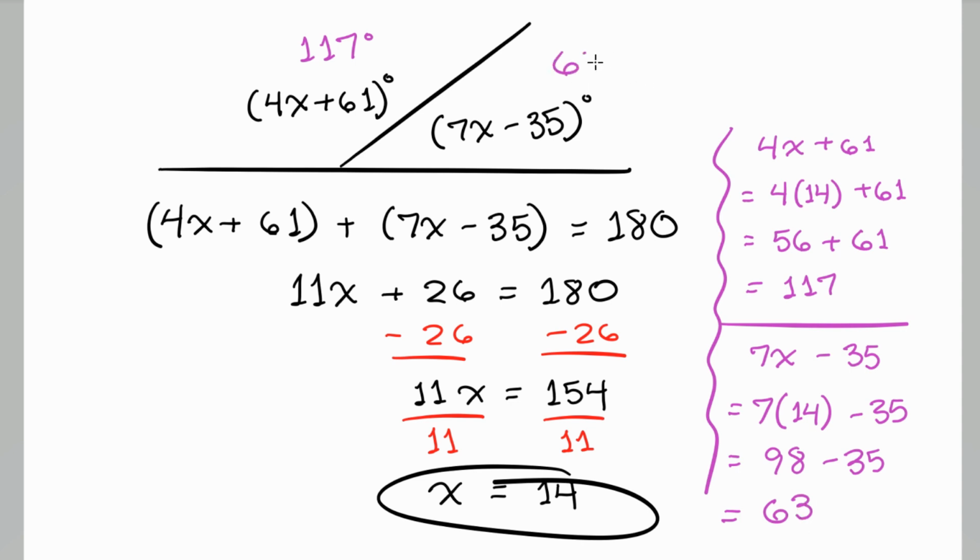So this is 63 degrees, which is great because when I combine 117 and 63, that gives me 180 degrees. So these guys are supplementary. They do form this straight angle. So x is 14, and the two angle measures are 117 and 63.